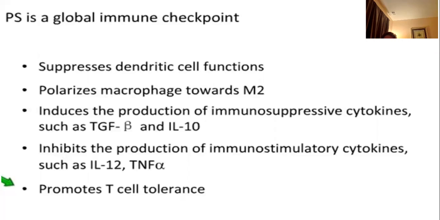It also inhibits the production of immune-stimulating cytokines such as interleukin-12 and tumor necrosis factor that come from M1 and Th1. And that leads to what? It promotes T tolerance, right? Is that what's happening to those cancer cells? The immune system is protecting the tumor instead of killing it.